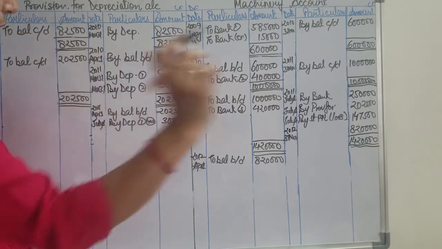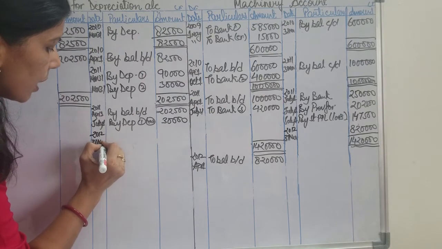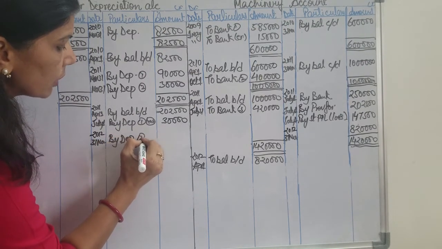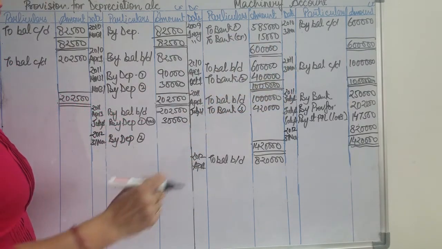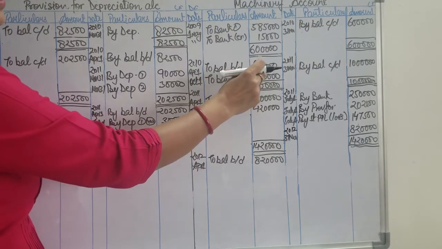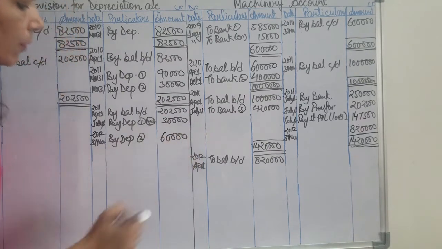Okay, so 2012 31st March, by depreciation on machinery 2. Now this time whole 12 months depreciation will be provided on this machinery 2. Okay, so 15% of 4 lakh comes to 60,000, right?